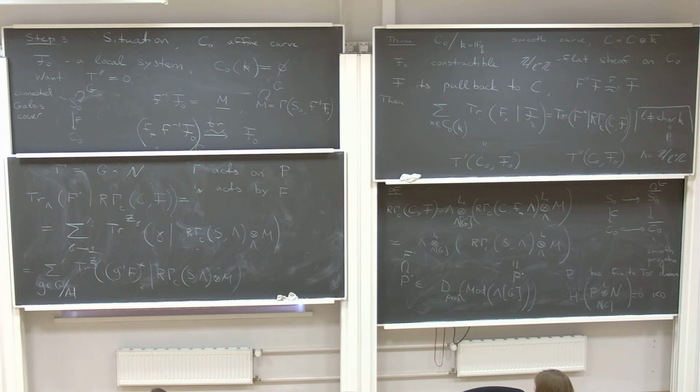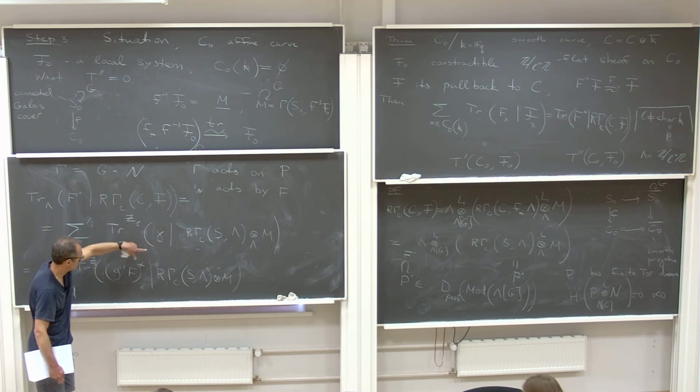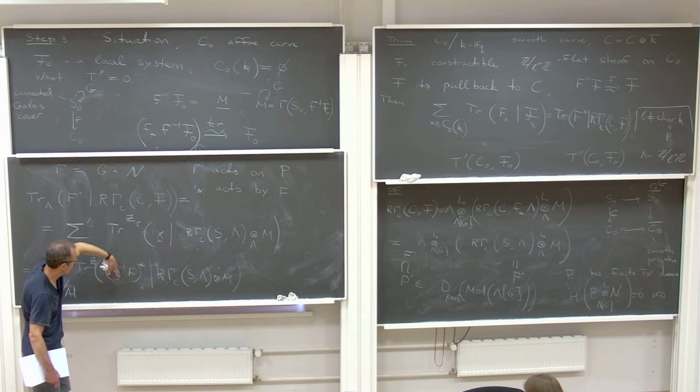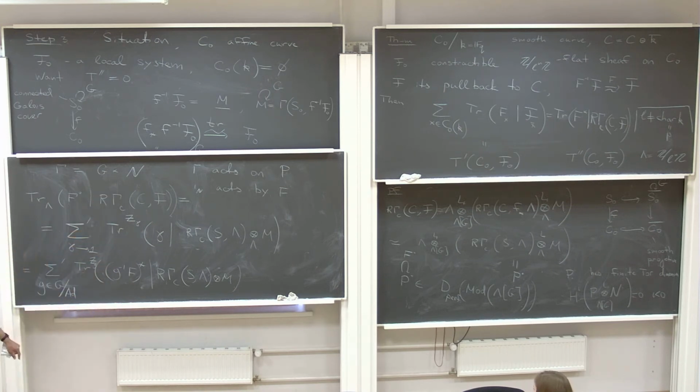So, well, that's because gamma is what? It is the action of G composed with the action of the geometric Frobenius. If you really want G to act, you need to put an inverse here, otherwise it's not an action.